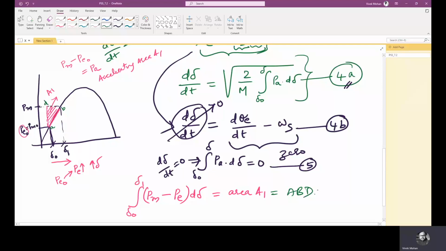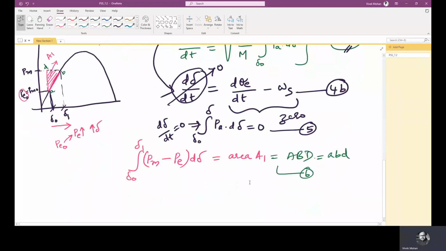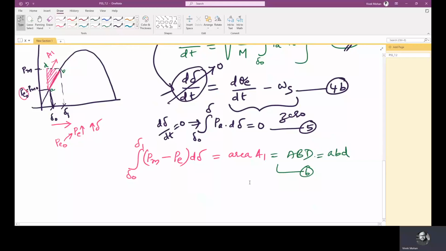Let it be equation 6. Now this can be written as the integral from δ0 to δ1 of Pm minus Pe, where Pe is Pmax sin δ, dδ, which is equal to area A1. Equation 6 can be written as this.